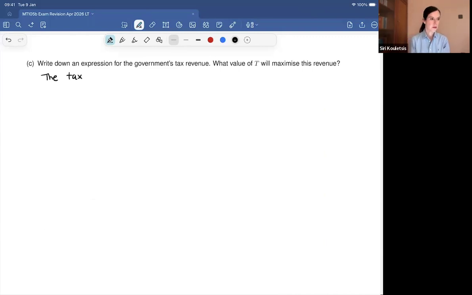So have a think about what this expression for the tax revenue will be. While I'm just writing here, I'm going to call that RT.